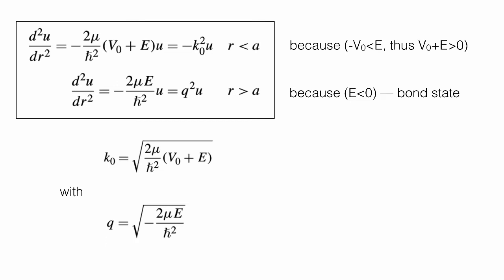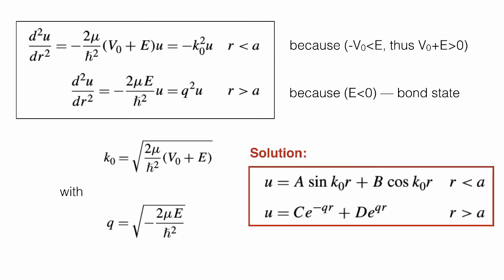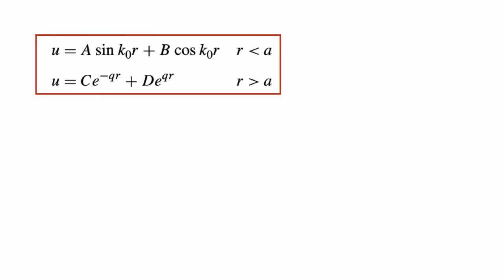All this is due to the minus sign, because the second derivative will involve the product of i times i, which is minus 1, of course. So you find a solution that is oscillatory inside the well and exponential outside the well. This is the solution we have from the previous slide.